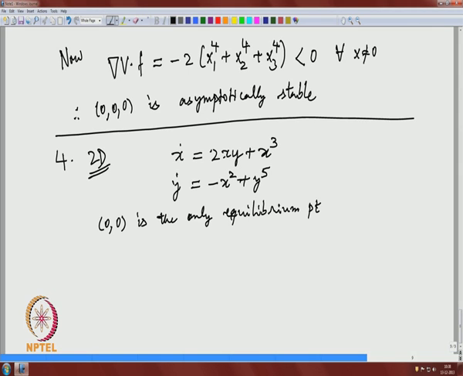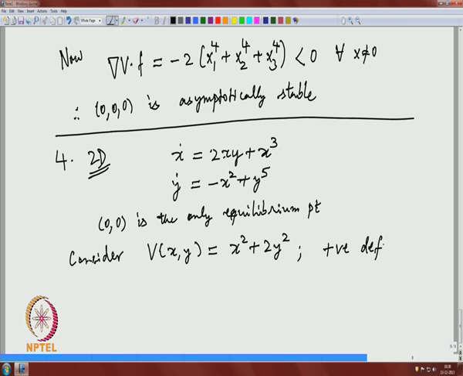So, let us try to go directly to this nonlinear system and see whether this origin is stable or not. Okay. And again for that, consider this positive definite function V(x, y). So, I am using the notation x, y instead of x 1, x 2. So, x square plus 2 y square. Okay. So, this is a positive definite function, there is no doubt about that, and you see why that 2 is chosen.